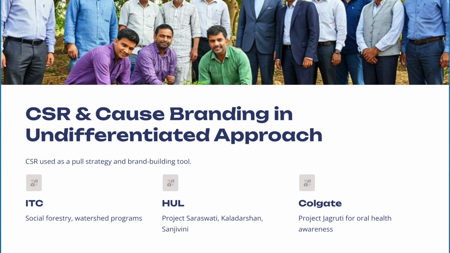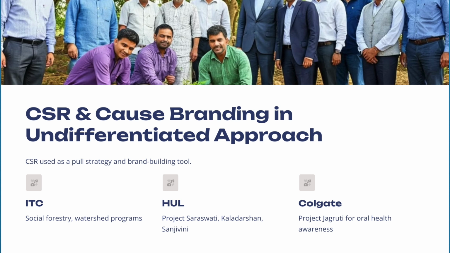Let's take some real world examples. ITC Limited used social forestry, primary education and watershed development to align with its business in paper boards and agriculture.